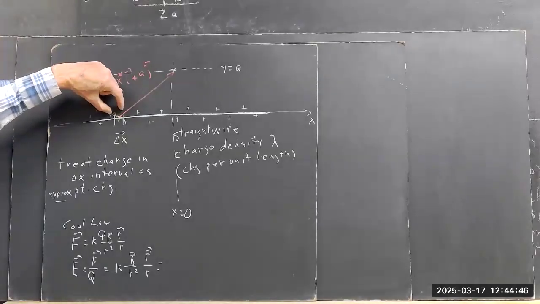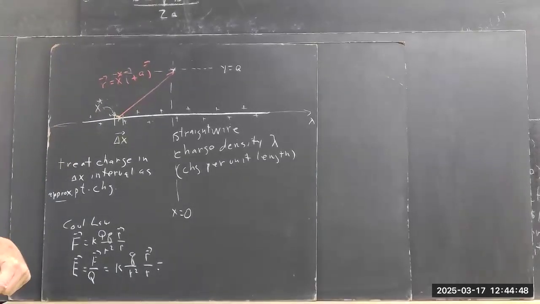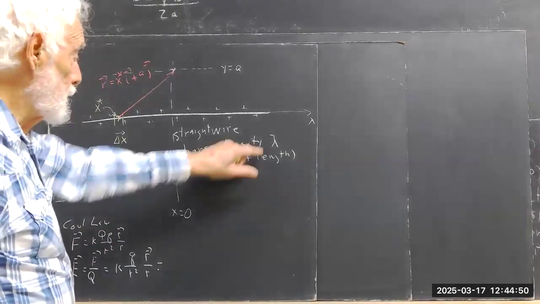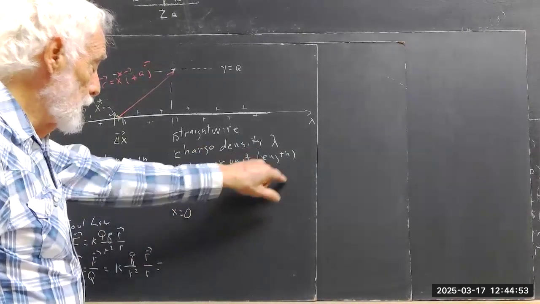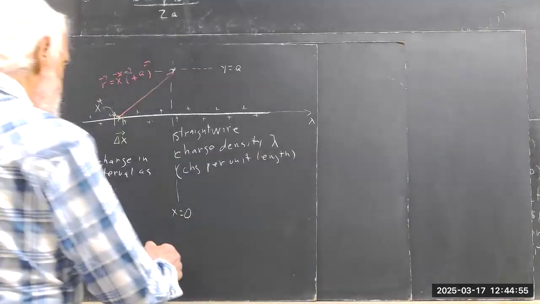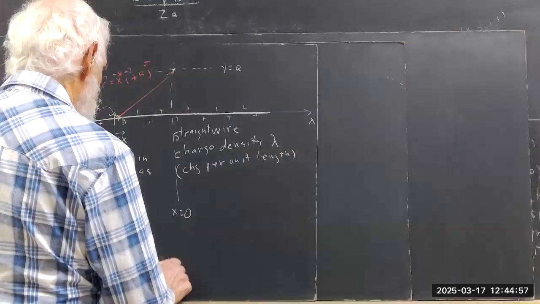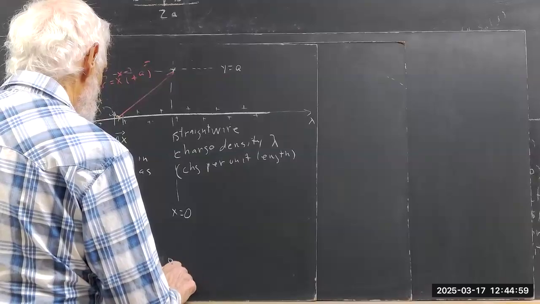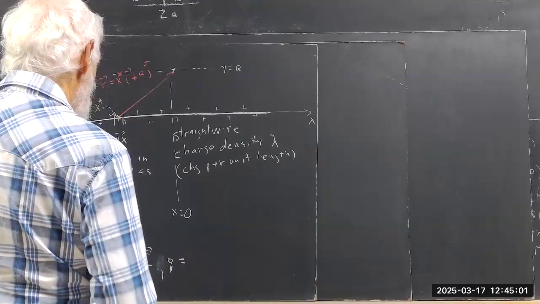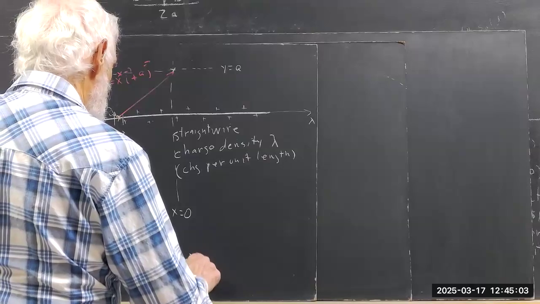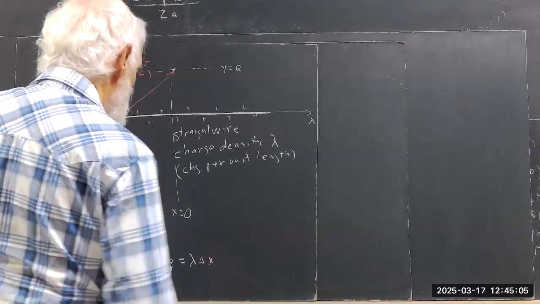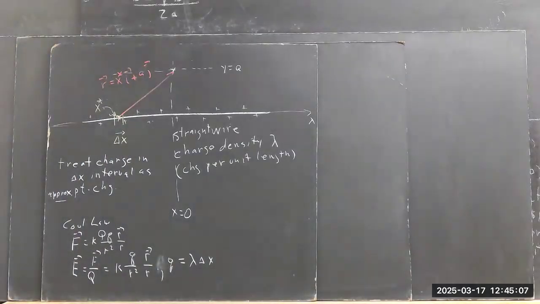How long is this interval? Length is delta x, right? What does the charge density mean? Charge per unit length. Charge is lambda delta x.